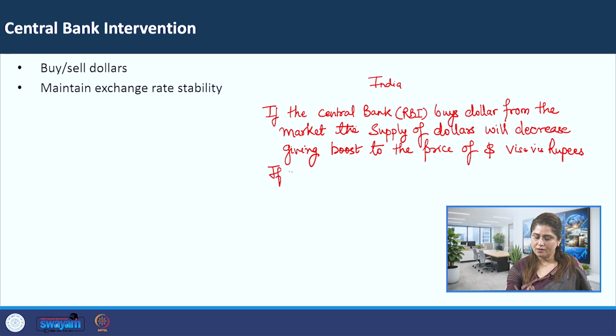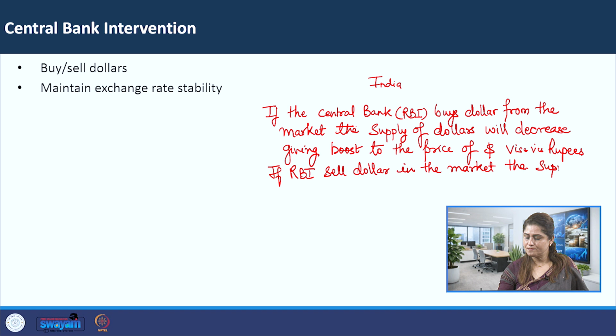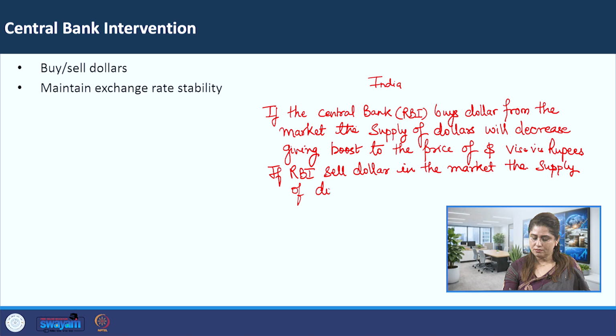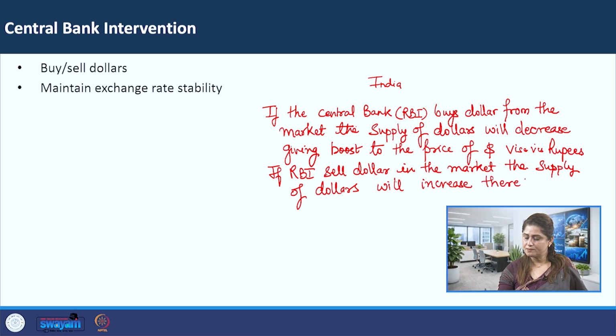And if RBI sells dollars in the market, the supply of dollars will increase, thereby reducing the price of dollars.